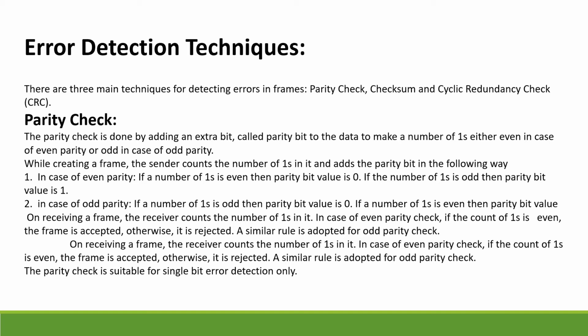In case of even parity check, if the count of ones is even, the frame is accepted, otherwise it is rejected. A similar rule is adopted for odd parity check. The parity check is suitable for single bit error detection only.